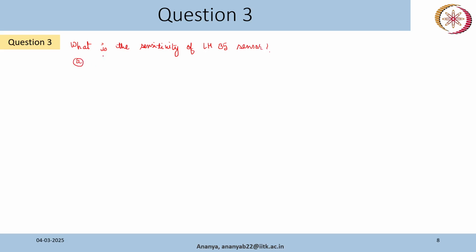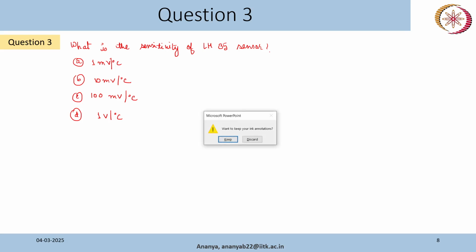Option A is 1 millivolt per degree Celsius. B is 10 millivolt per degree Celsius. C is 100 millivolt per degree Celsius. Option D is 1 volt per degree Celsius. So, what is the answer?